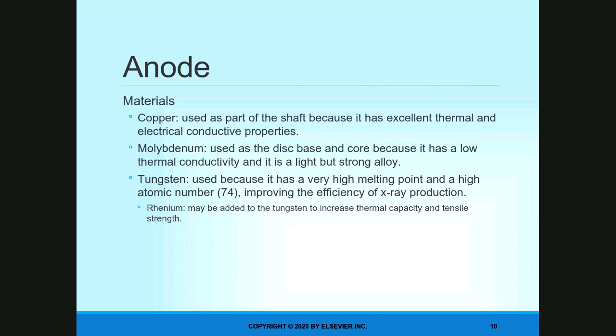And like I said, we also add rhenium to this, which increases the thermal capacity and the strength. And rhenium is number 75. So when you add two of those metals together, you're actually making an alloy, which makes it much stronger and much more heat resistant.